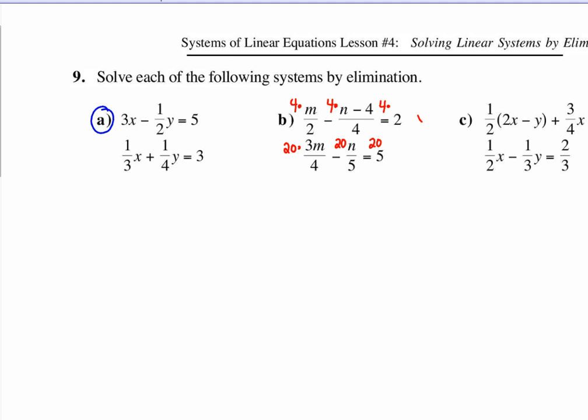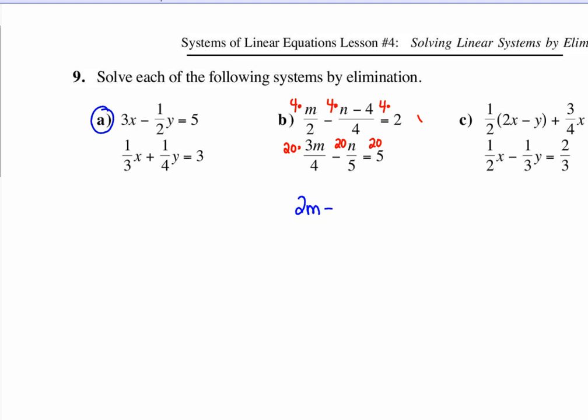4 times m over 2. It would be 2m because it's 4 over 1. Or you can think of it like we're simplifying here: 4 divided by 2 becomes a 2. So that would be 2m.